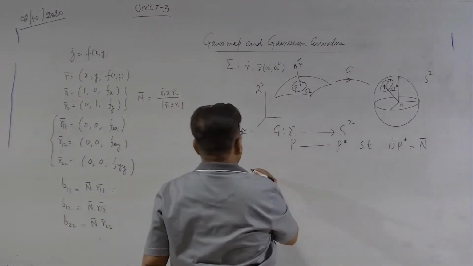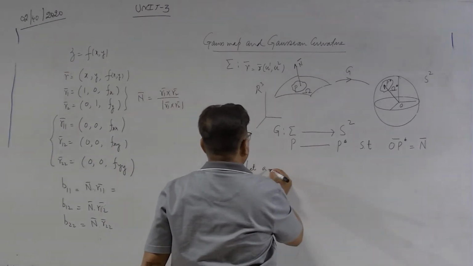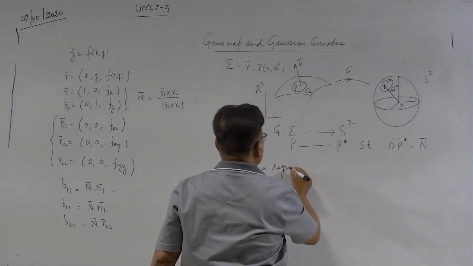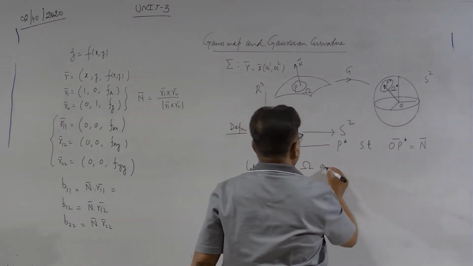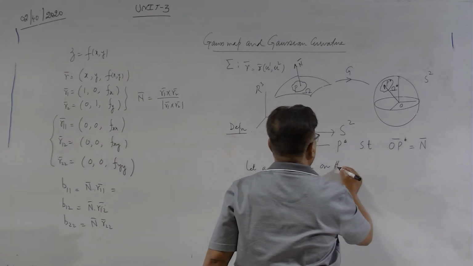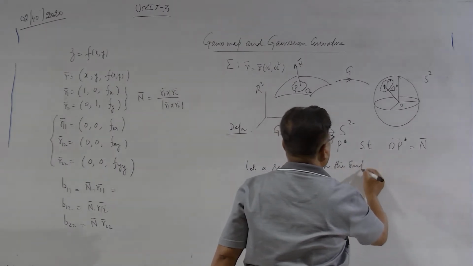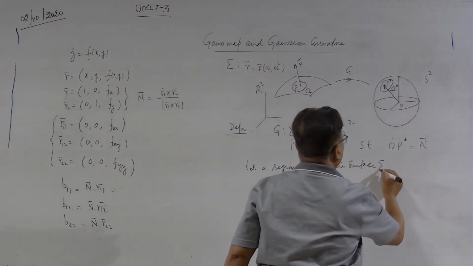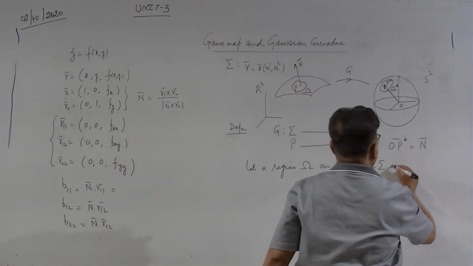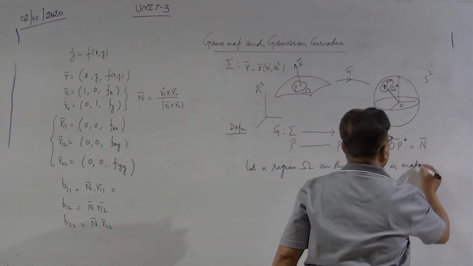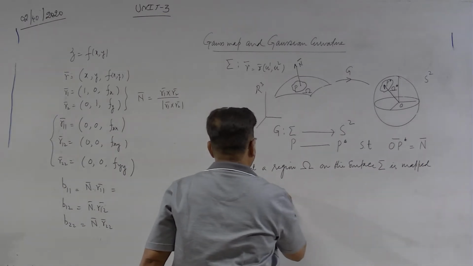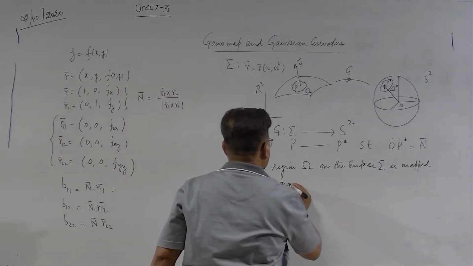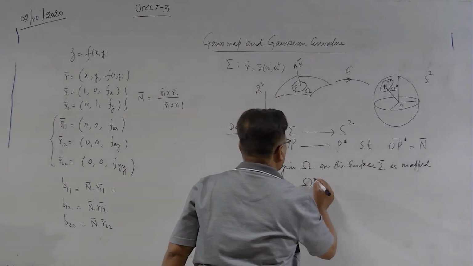So, let a region omega on the surface sigma be mapped to a region omega star.